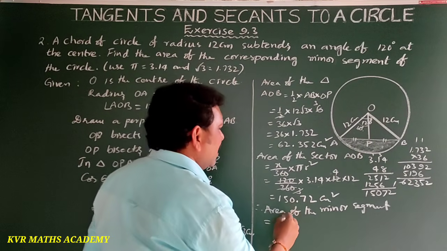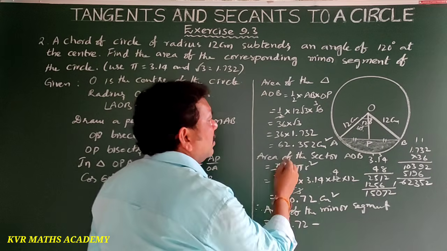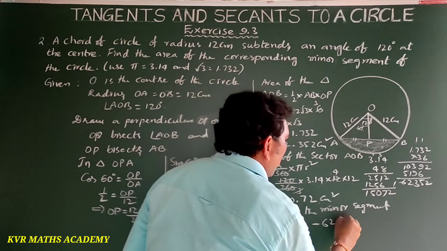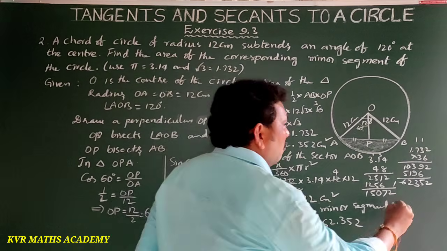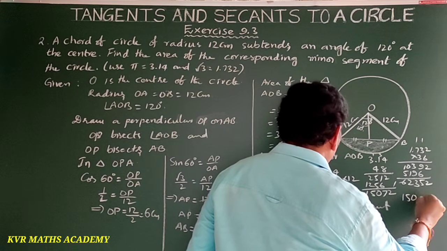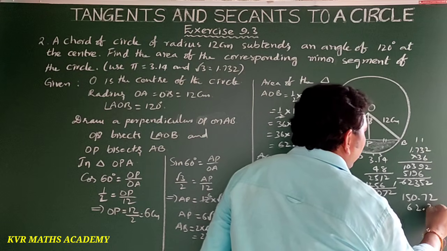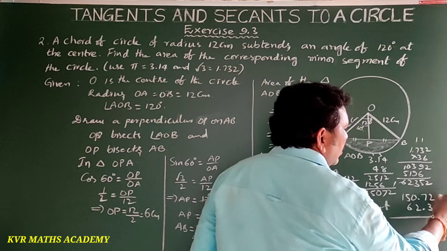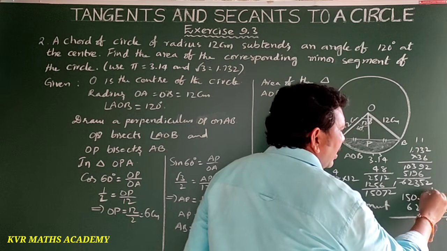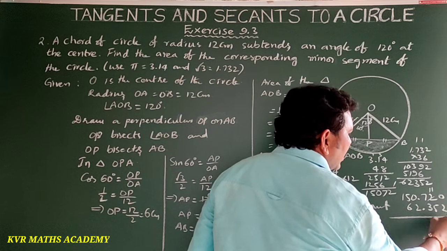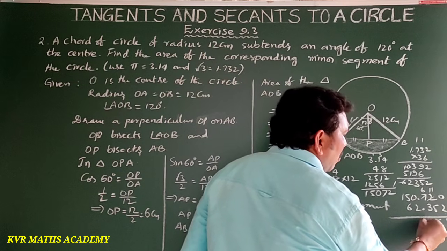Yes, area of the sector is 150.72 minus area of the triangle is 62.352. So subtract it: 150.72 minus 62.352. So 0 minus 2, this will be 8, it is 11. Yes, 11 minus 5 is 6. Here this will be 6. 6 minus 3 is 3, point.